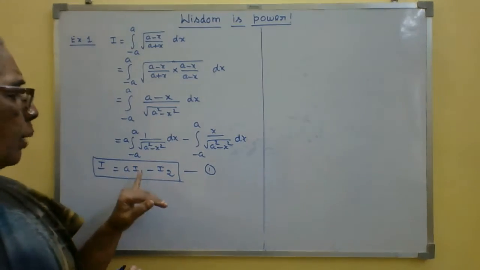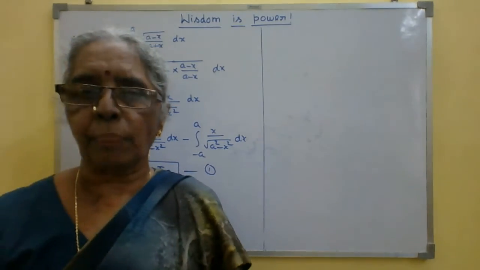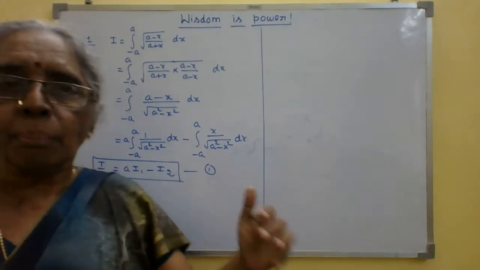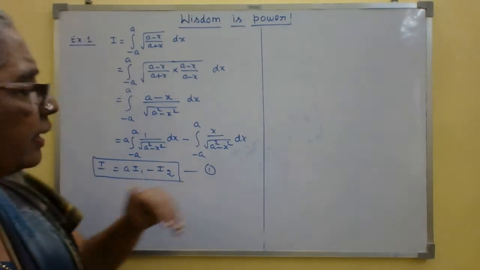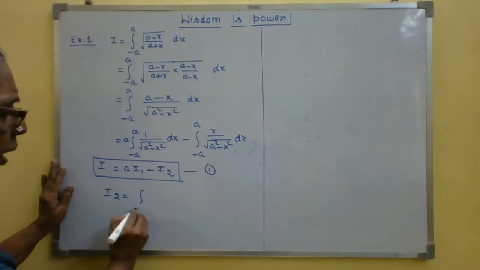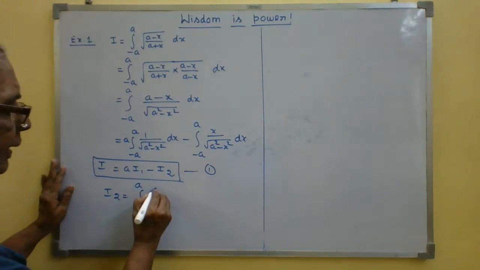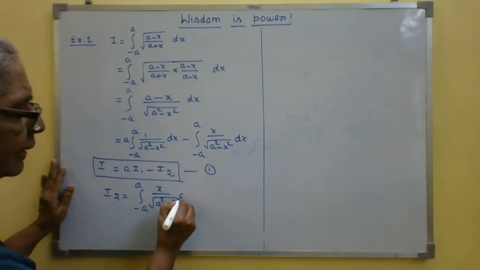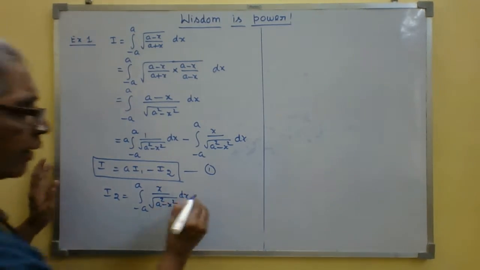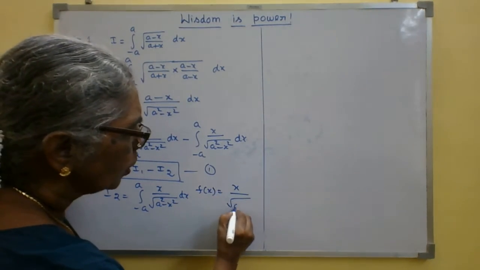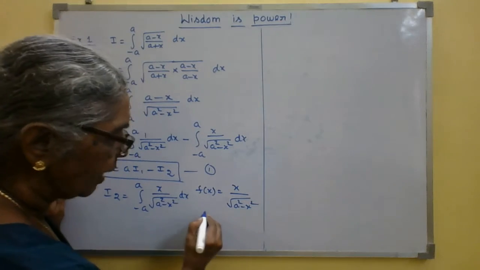Now we have to do I1 separately and I2 separately by applying that property. I2 is simpler, so let me do I2 first and then come to I1. I2 is integral from minus a to a of x by root of a squared minus x squared dx. Here what is f of x? x by root of a squared minus x squared.